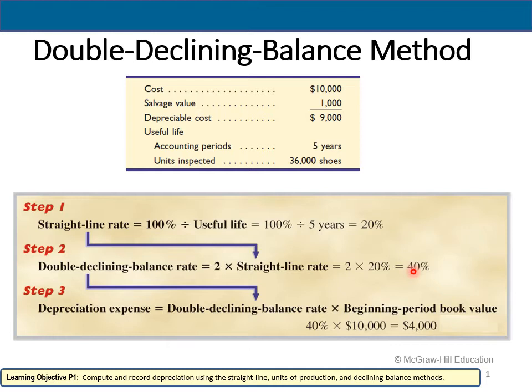And then depreciation expense is 40% of the beginning of period book value. So in the first year of operations of this asset, you're just going to take 40% of 10,000 for a depreciation charge of $4,000.